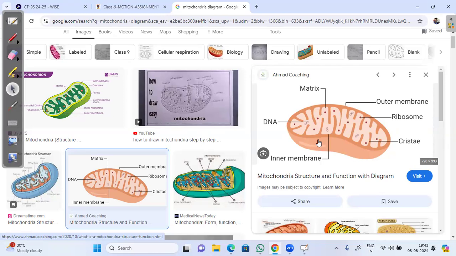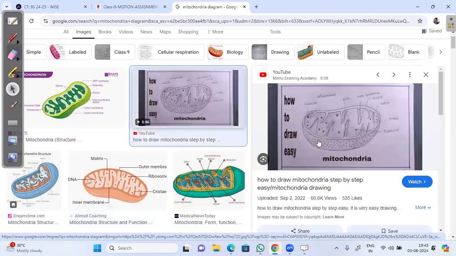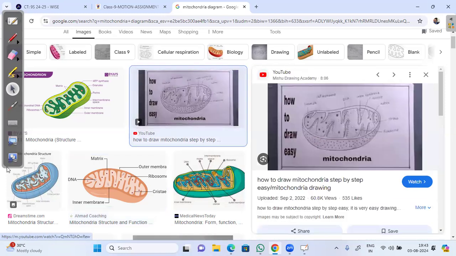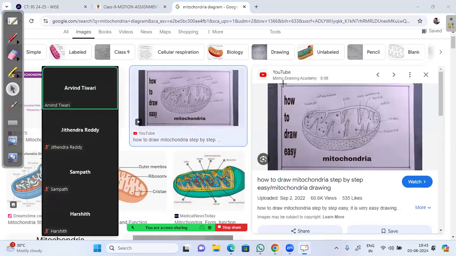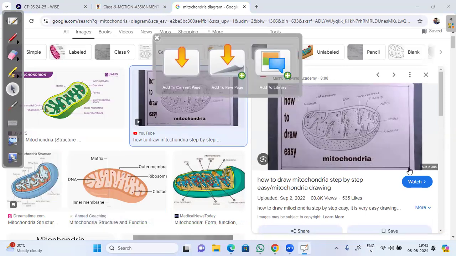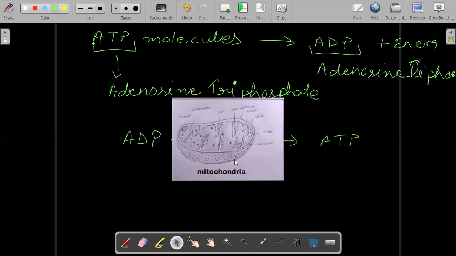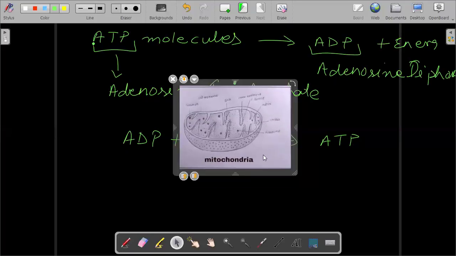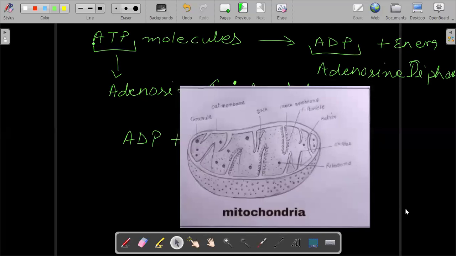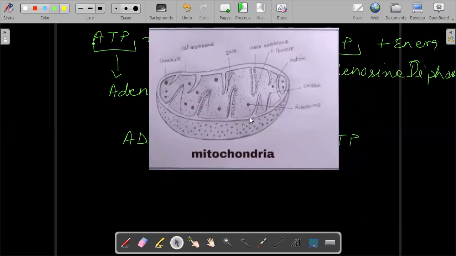So you can make either this one as the diagram or this one also looks easy. I think this seems to be quite easy. So you can draw this diagram of mitochondria. Okay. Draw the diagram of this mitochondria.